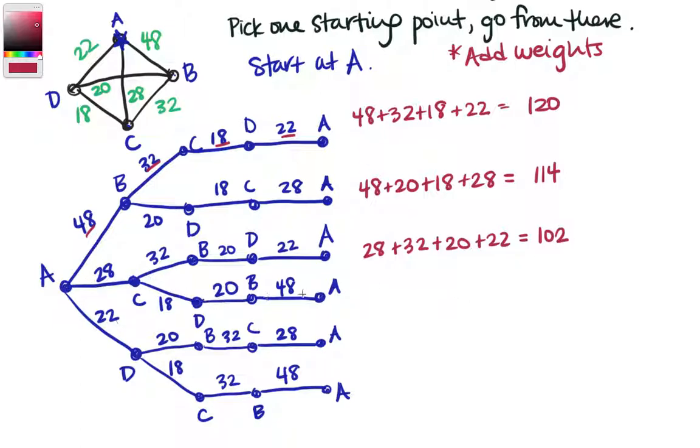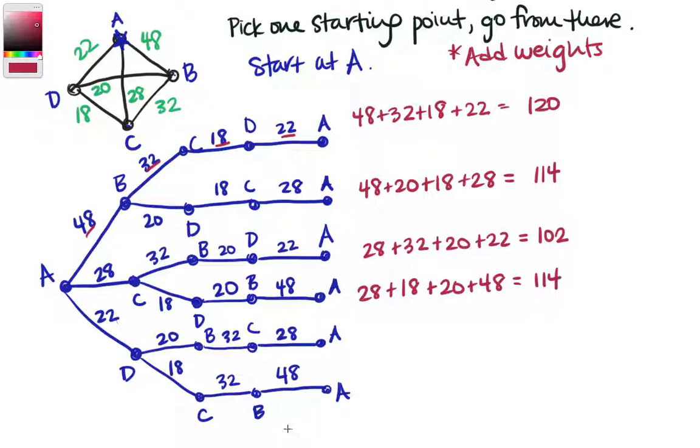Going across this next branch, A, C, D, B, A, we add those together, 28 plus 18 plus 20 plus 48, and what we get is 114.